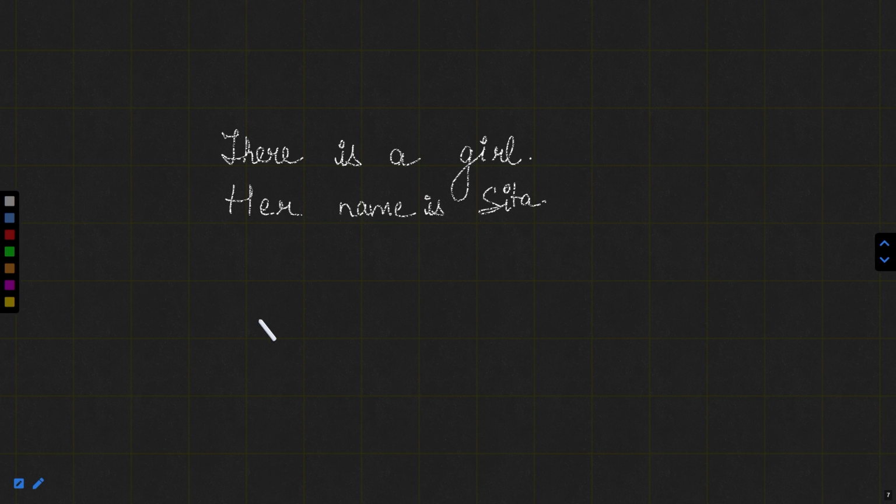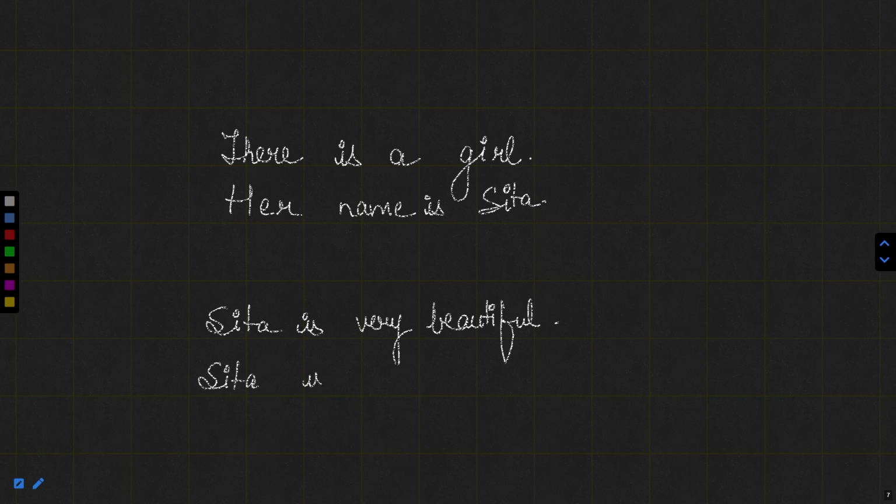Let us have one more pair. Sita is very beautiful. Next sentence, Sita is very intelligent. Now we have these four sentences.